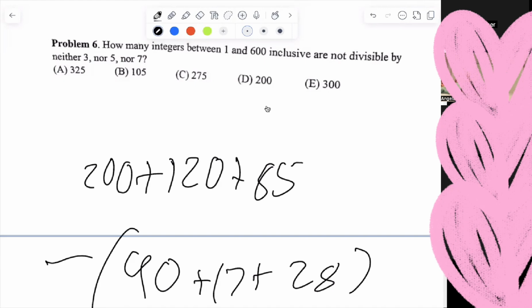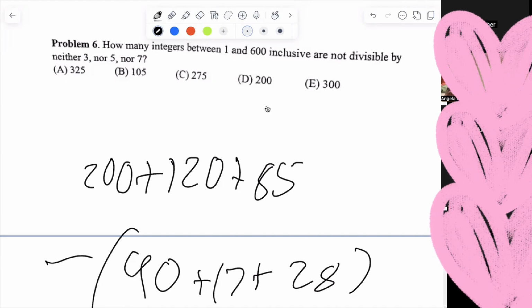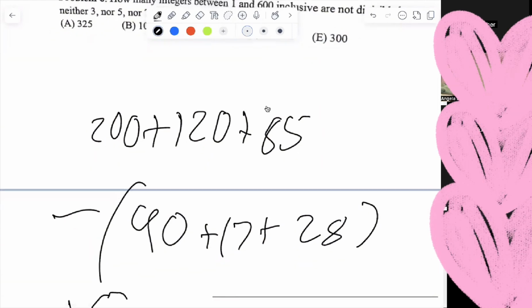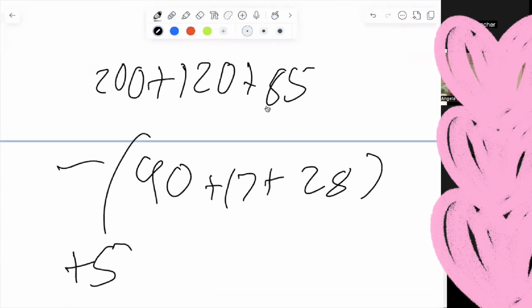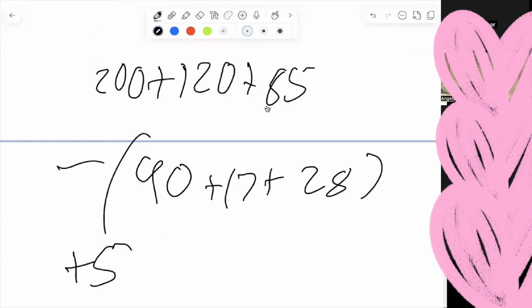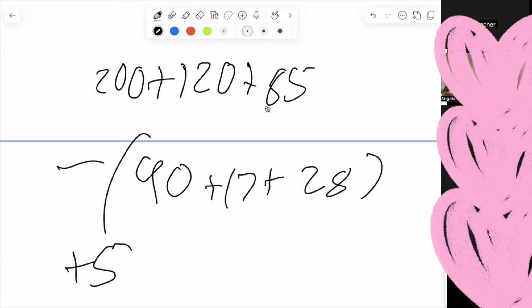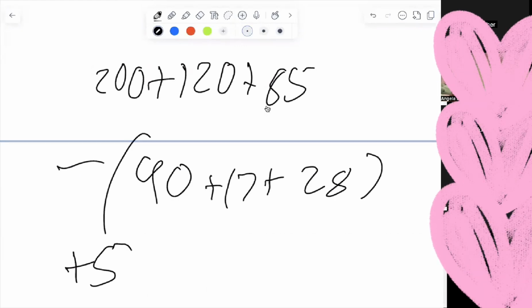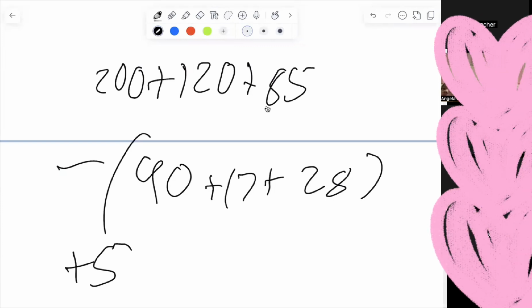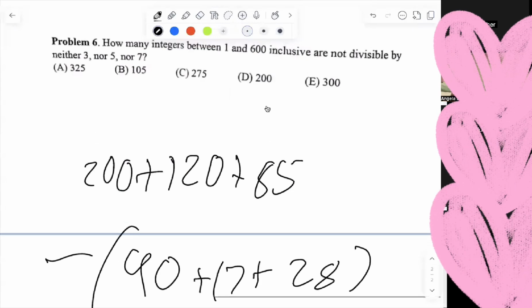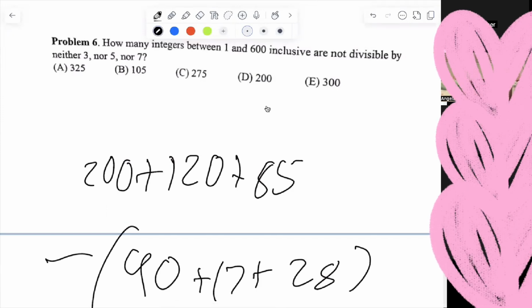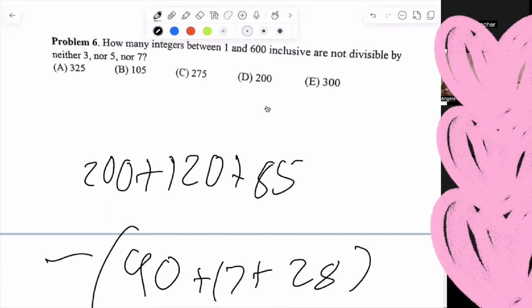That gives a total of 215. Then we subtract it from 600.